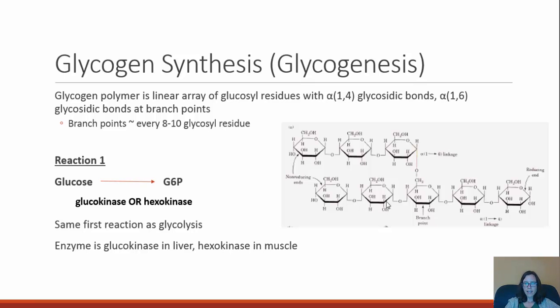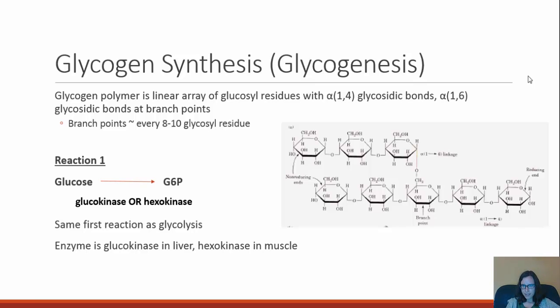So you can see that here in this graphic. So we have a linear glucose molecule with alpha-1,4 bonds. However, the glycogen molecule also has branch points that are alpha-1,6 glycosidic bonds, and those occur every 8 to 10 glucose residues and allow for this extensive branching of the glucose molecule.